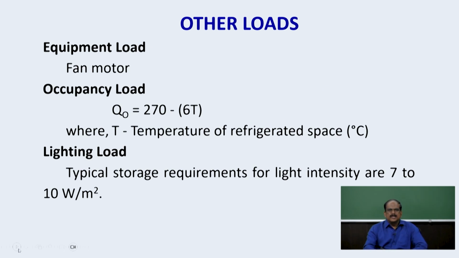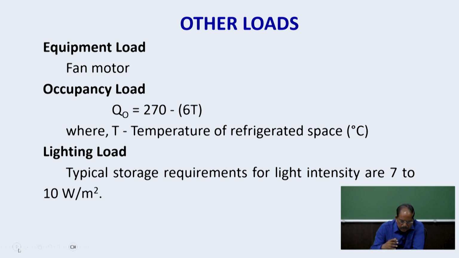Other loads comprise equipment load, occupancy load and lighting load. Equipment load is primarily the motor of the fan that is used in the cold room, which contributes the major portion of the equipment load. Occupancy load is the number of people working inside the cold room.